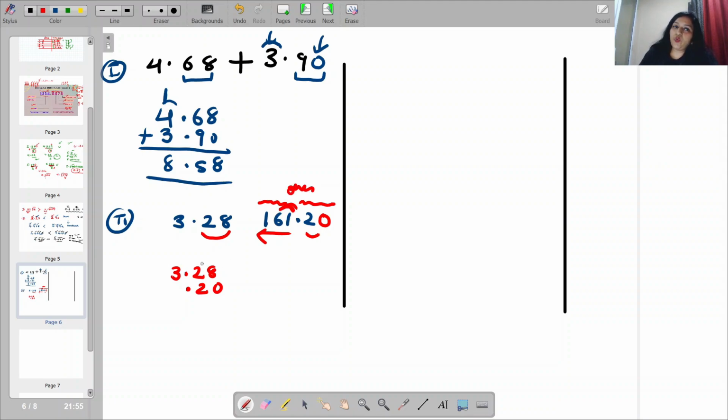It is 1. अब मैं उल्टा लगाऊंगी. To the left of decimal is 1. 1 will come here. To the left it is 6. To the left it is 1. जहाँ पर कुछ भी नहीं है ना, you can easily put a 0 yourself. Okay. 8 plus 0 it is 8. 4 decimal 4. 6 and 1. This is how it goes. I hope it sounds easier.